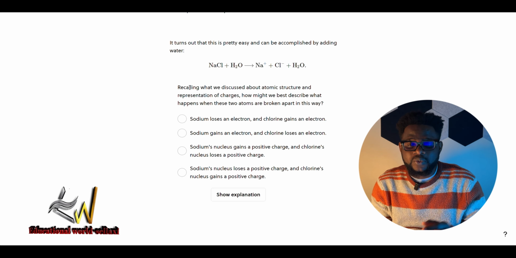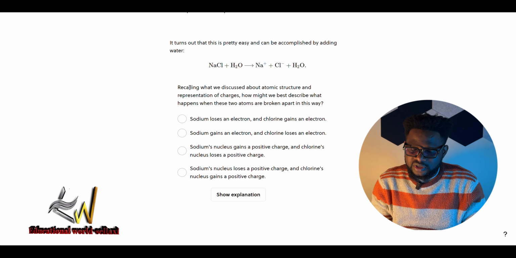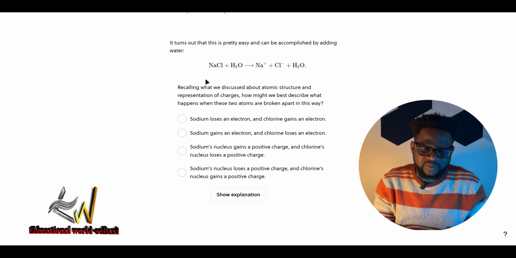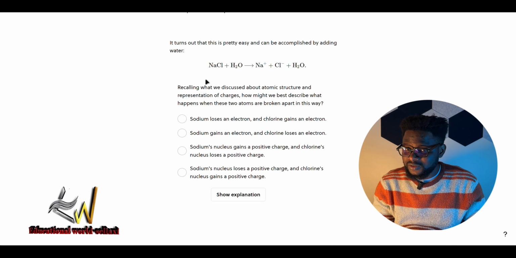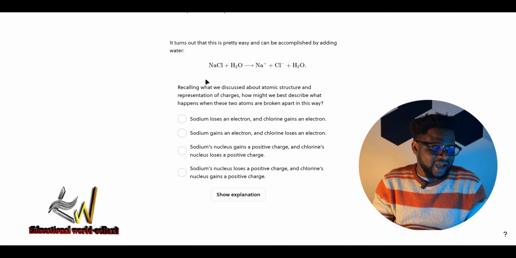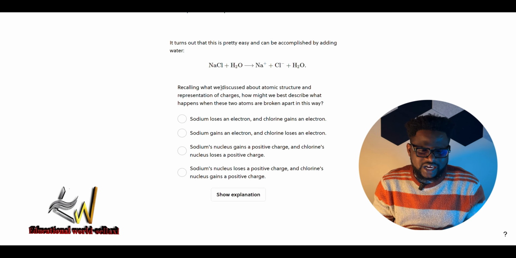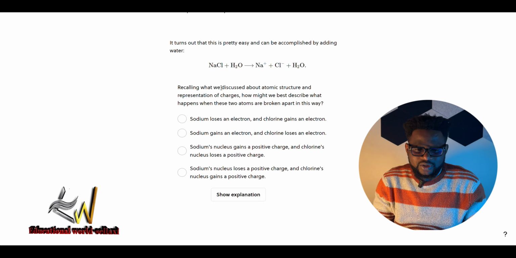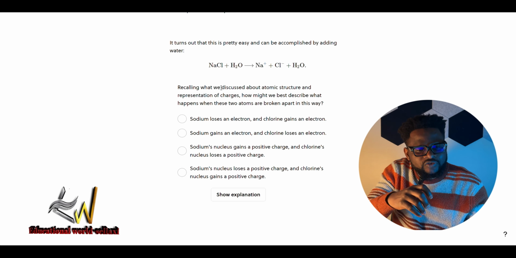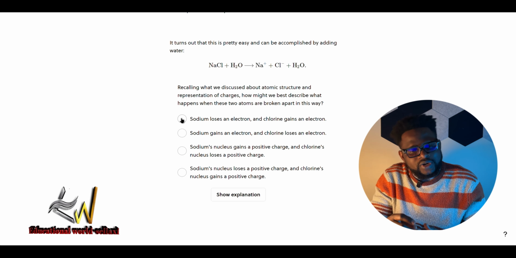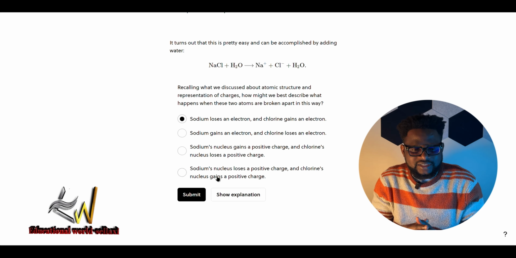When we add water to salt, the salt dissolves in the water, splitting apart into sodium and chloride ions. Remember, I use the term ions, but it simply means sodium with a net positive charge and chlorine with a net negative charge. It means that chlorine gained an electron from sodium, making sodium more positive and chlorine more negative. That's that.